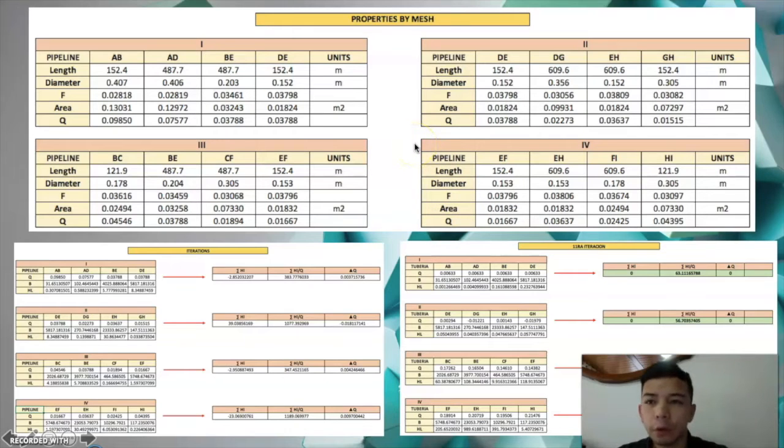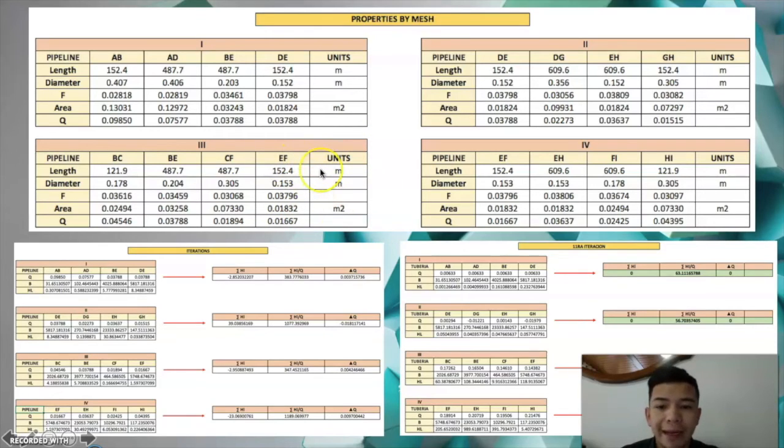In the table, following the data obtained for each of the sections, we can observe the diameter corresponding to each section, supplied with the table they are observing, in addition to the calculation of the Darcy friction factor, or f, corresponding to each section of this mesh.